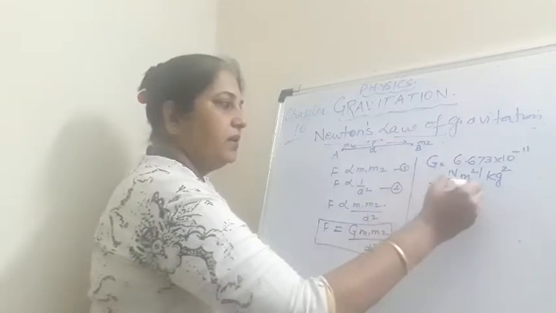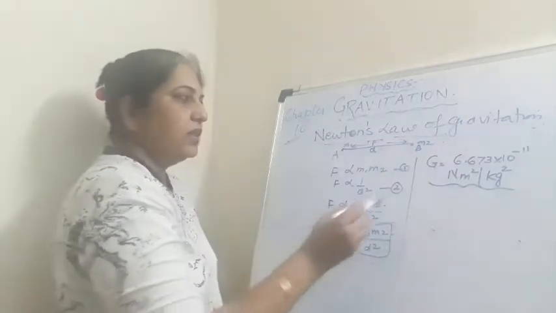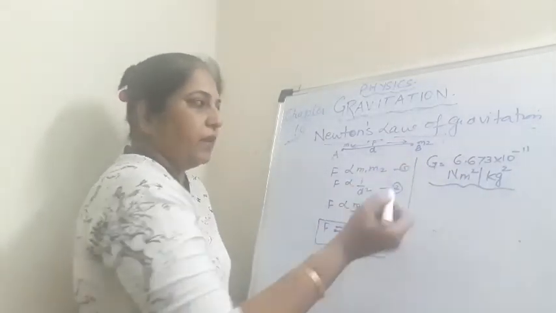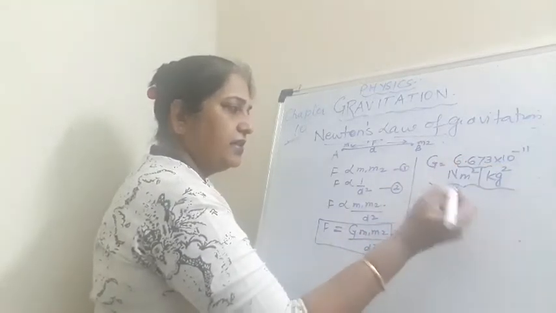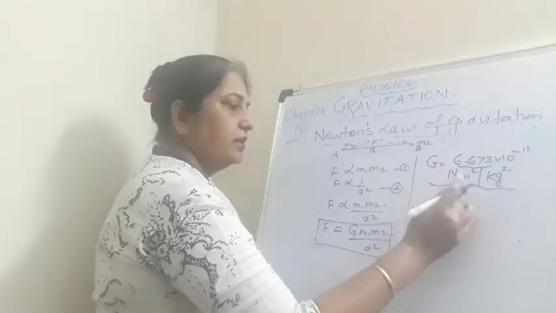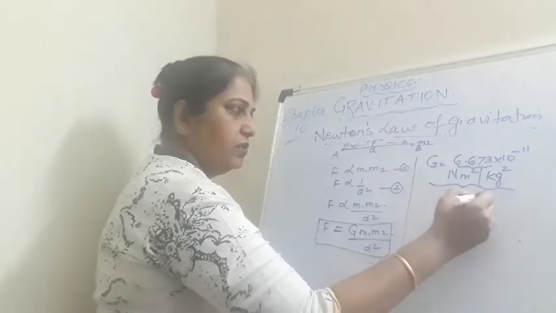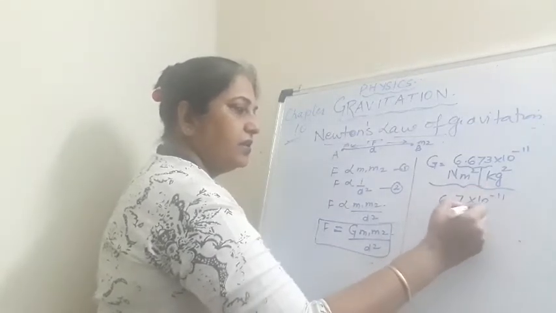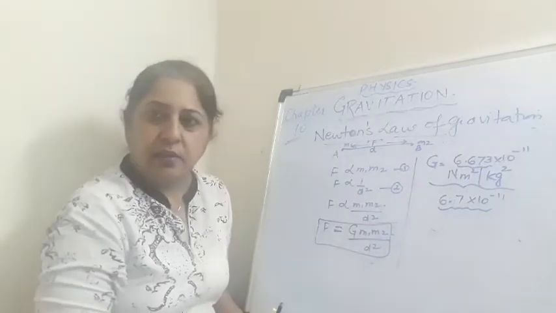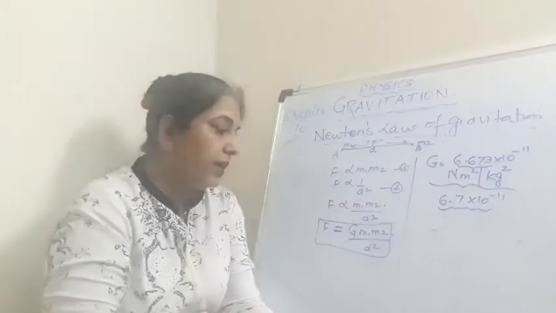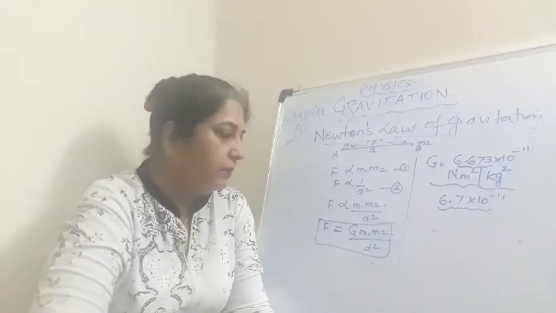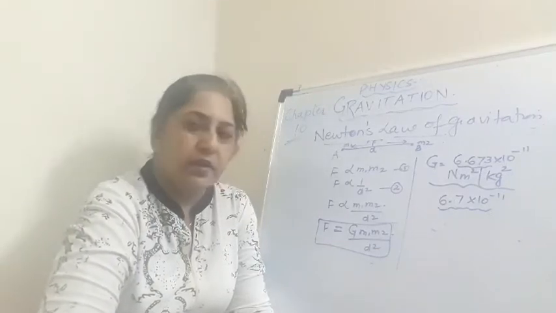You have to remember this value, but when you are using it in numericals, we will not take the complete value. We can just take 6.7 into 10 to the power of minus 11. This will make your calculations a little easy. Remember that F is given by the formula G m1 m2 upon d square.